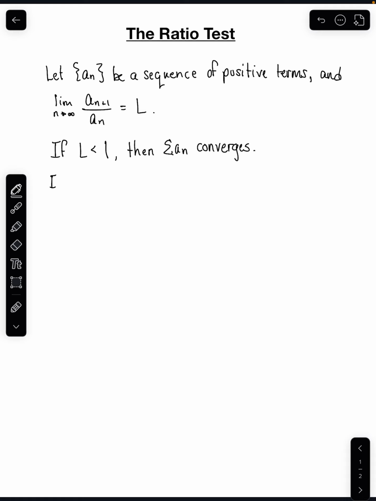If L is greater than 1, including infinity, then the series would have to diverge.